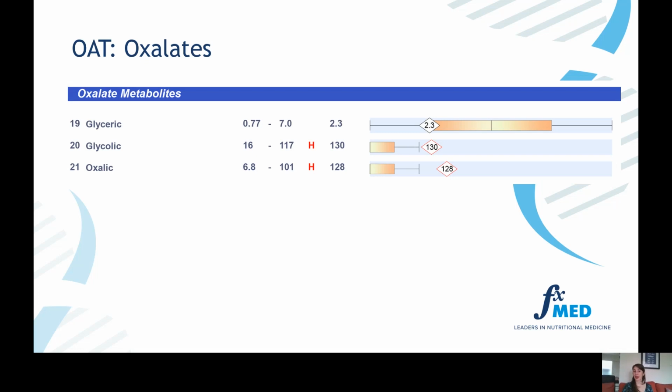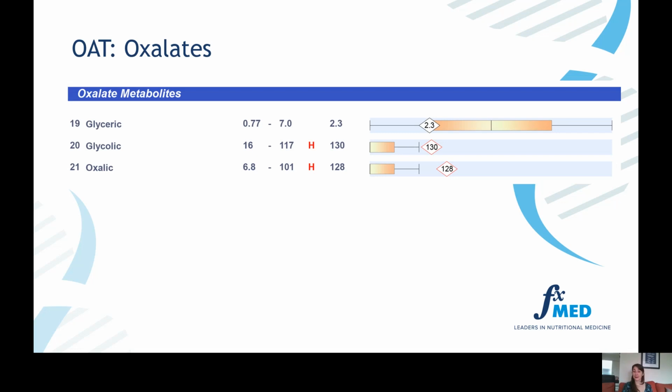So here we've got number 20 and number 21 high, and we see that they're the higher level of oxalate in the diet. A really important thing to know here is things that include glycine, like magnesium glycinate. Oxalate is actually part of that metabolic pathway. So if a person has high oxalate, we would probably prefer to consider giving them a supplement that does not include glycine, because that will become more oxalate in the body.